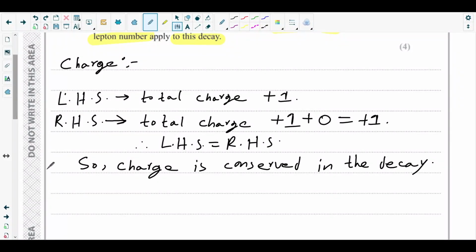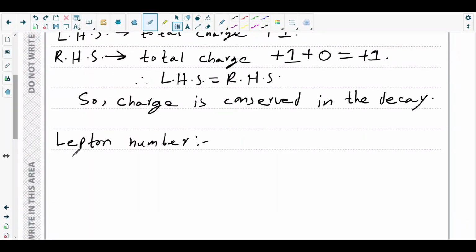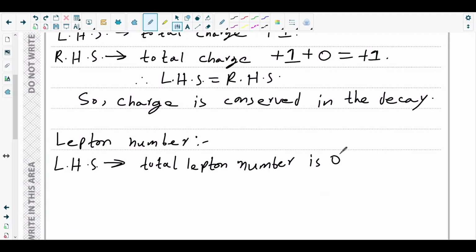Next is lepton number. On the left hand side of the equation, lepton number is 0 because the baryon omega plus is alone on the left hand side, so the total lepton number is 0.